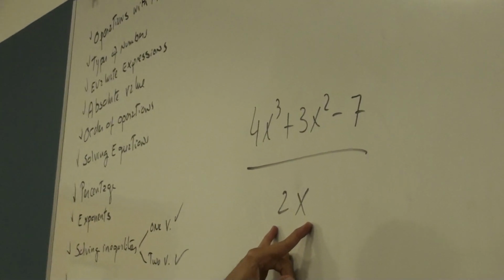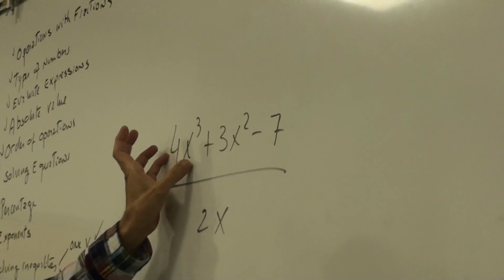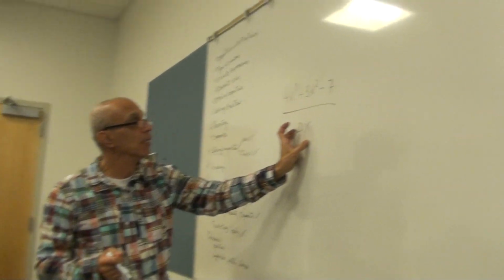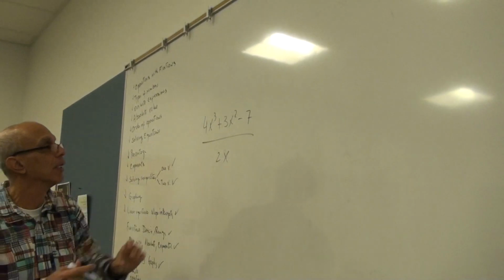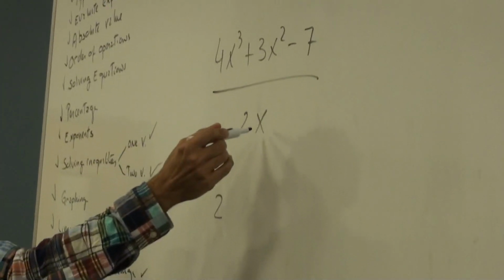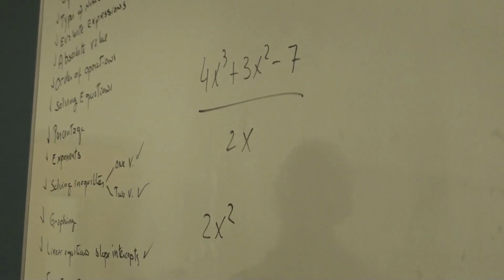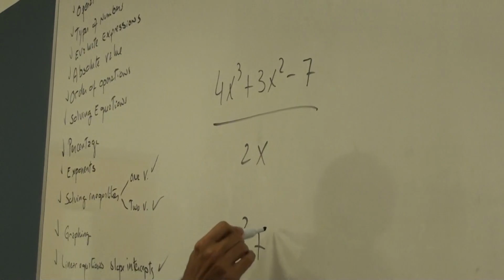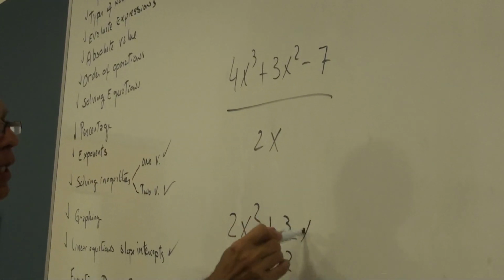When we divide by a monomial, we're going to divide each term by the monomial, okay? It's this divided by this, and that divided by that. So here, 4 divided by 2 is 2. x cubed divided by x is going to be x squared. Now, this one, plus 3 divided by 2 is going to be 3 divided by 2, and then x.